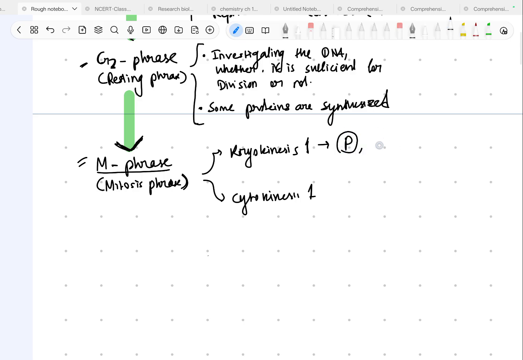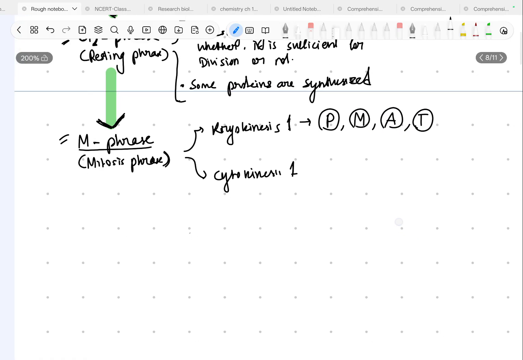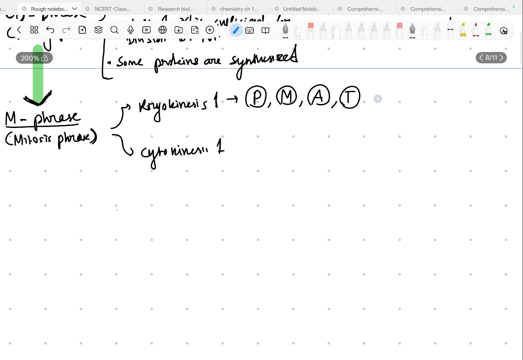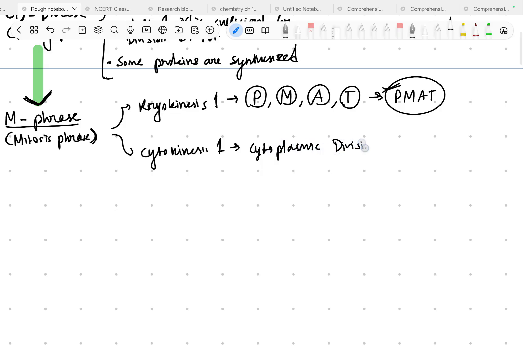Prophase means P, so it is PMAT. And here the simple cytoplasmic division occurs, while this is the nuclear division.